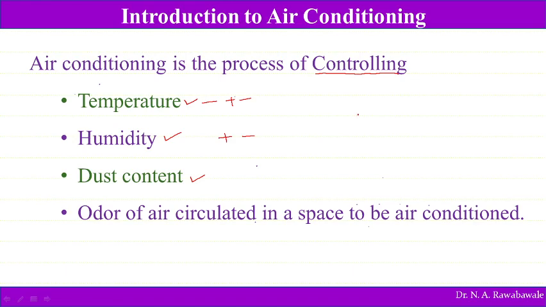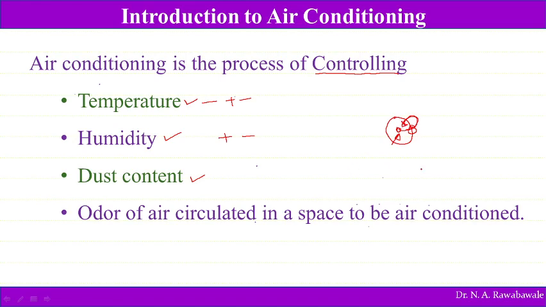Generally the space is to be maintained at a particular temperature and humidity, so the air is recirculated through the air conditioner. The same air is recirculated, and if something liberates some odor or smell, that gets mixed with the air and is recirculated. That means the recirculated air will have some unwanted odor, and that has to be removed.